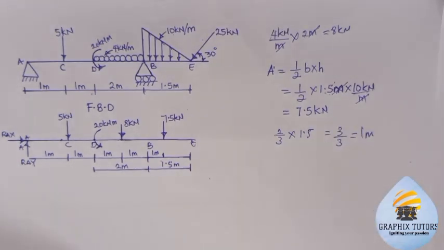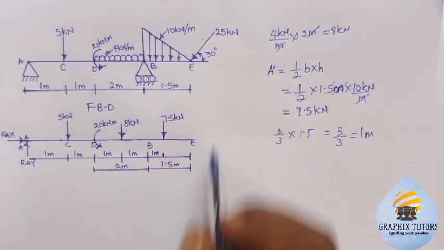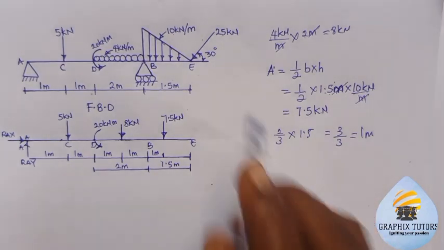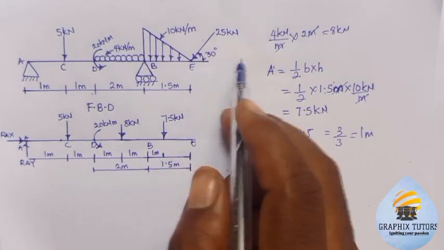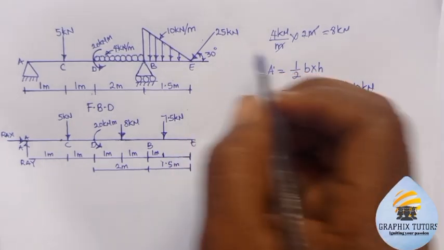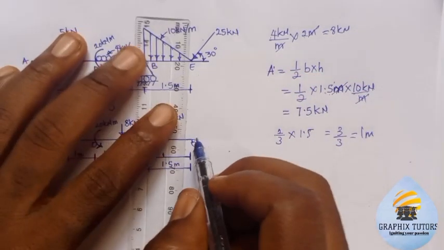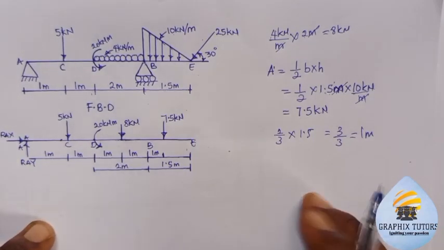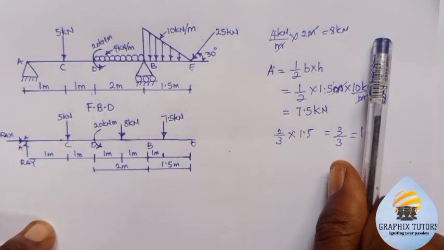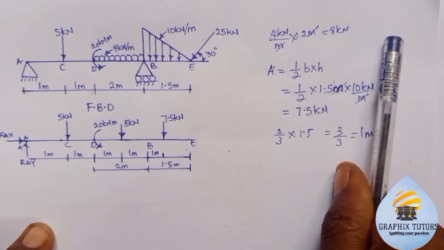Now the next thing we'll be doing here is at this point E, there's a load of 25 kilonewtons inclined at an angle of 30 degrees. I'm going to resolve it. If you don't know how to resolve, we call it resolution of forces. You can click this link to see how you can resolve inclined forces.